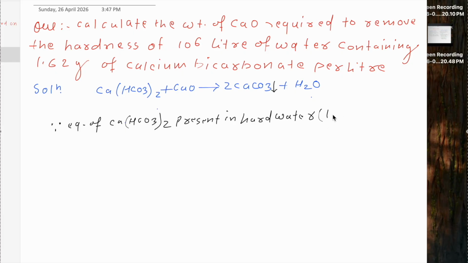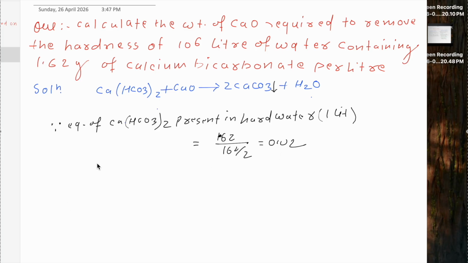That is 1.62 upon 162 by 2. How many equivalents are we getting? We are getting 0.02.